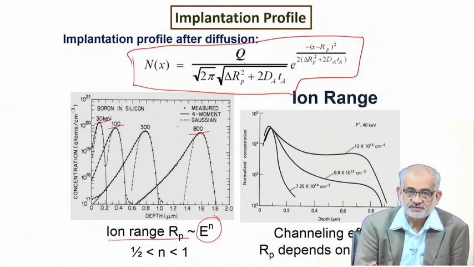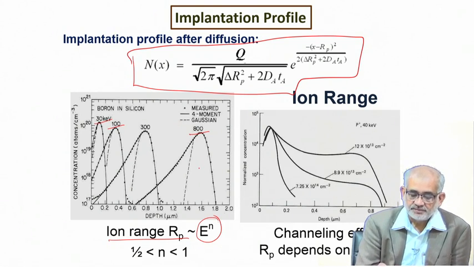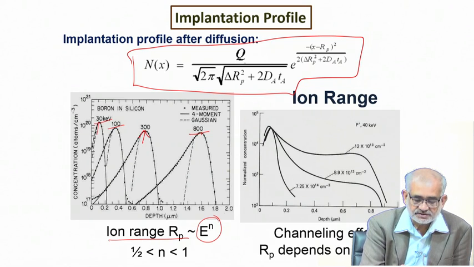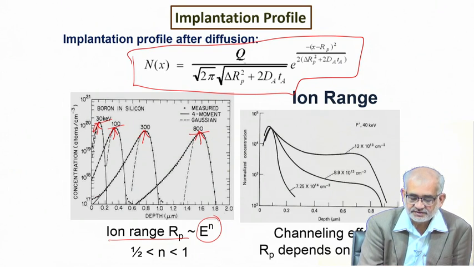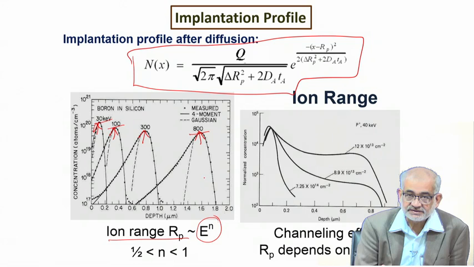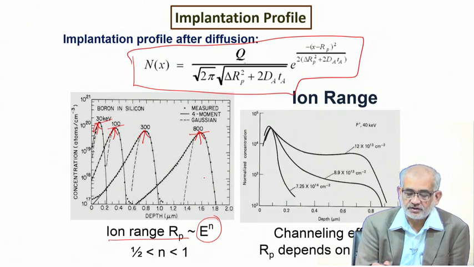So ions per unit volume remain about the same, but what is important is the depth at which the peak occurs. So this is for 30 kV, for 100 kV, for 300 kV and for 800 kV. The peak position changes and goes deeper inside the substrate. So the higher the acceleration voltage, the larger the depth at which the peak concentration will occur.